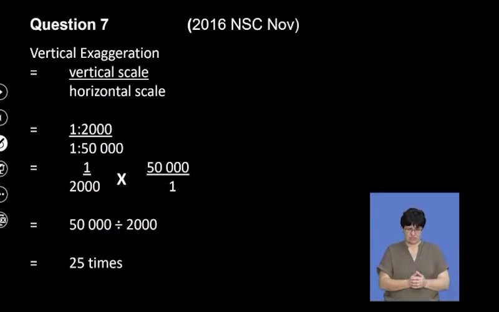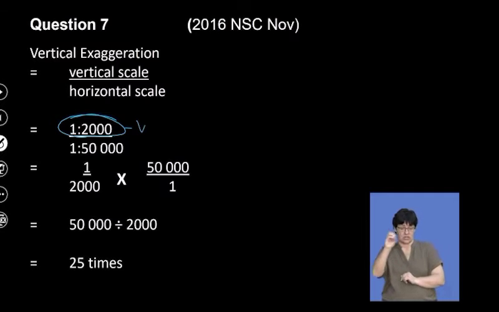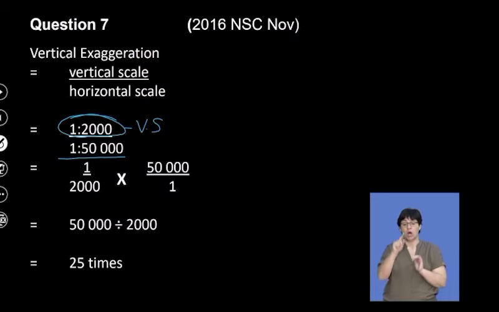Now, let's look at a calculation. Note that in this particular example, 1:2000 represents my vertical scale. And always your topographical map is 1:50,000, my horizontal scale. How do I work that out? Now remember the following.